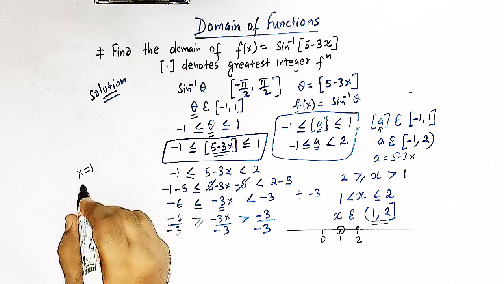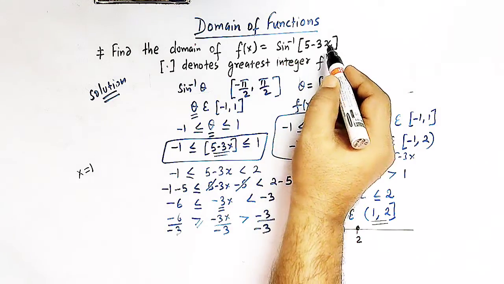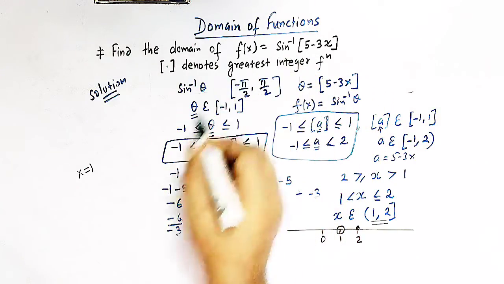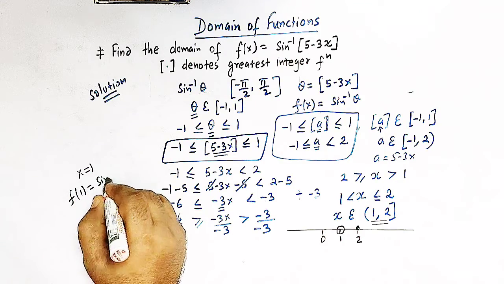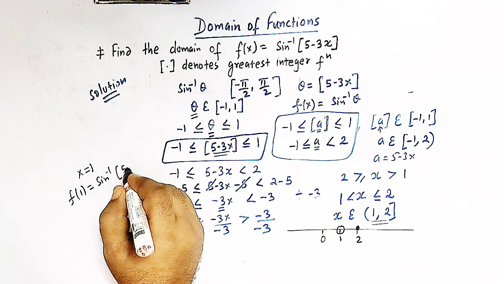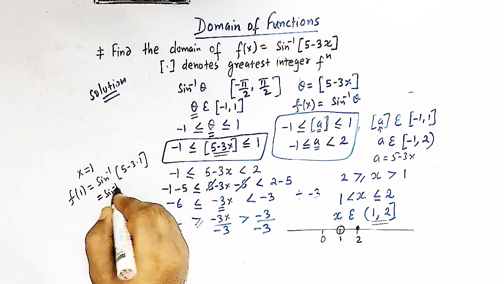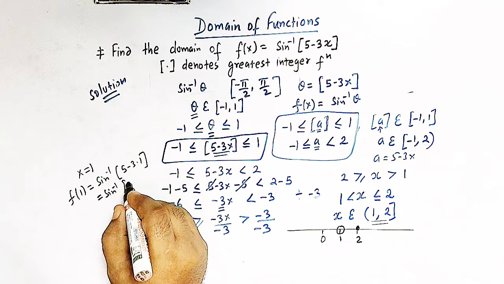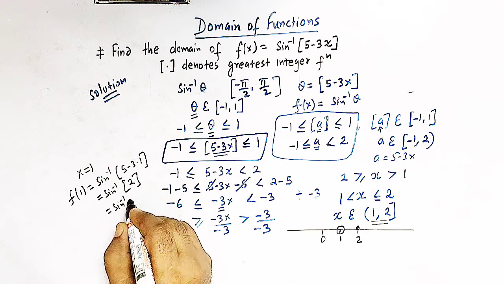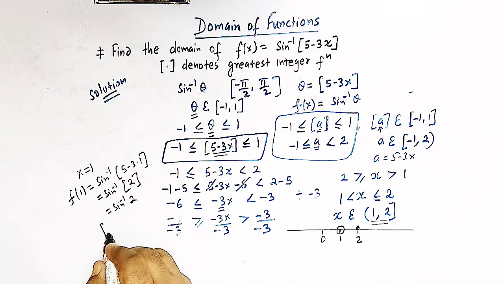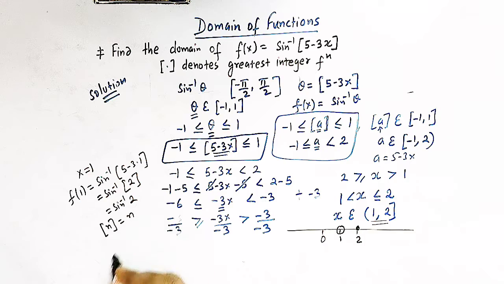is not admissible, because when we take x equal to 1 in this function, we can see that f of 1 becomes sine inverse of the greatest integer of 5 minus 3 times 1. This is sine inverse of the greatest integer of 2, and the greatest integer of 2 is simply 2, because we know that the greatest integer of any integer is the integer itself.